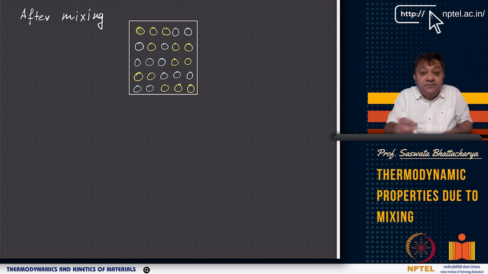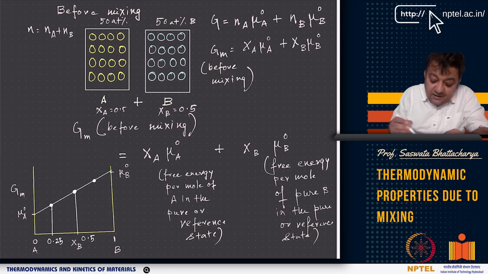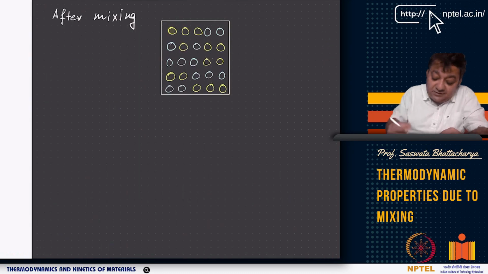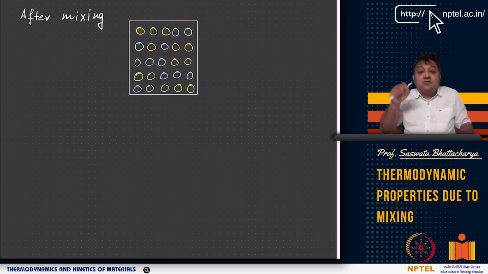Now you see that the yellow atoms were representing A and the blue atoms were representing B. Now, as you can see, yellow and blue have thoroughly mixed and it's a random solution. You cannot go to an atom and tell whether it's A or B; you have to look at it and see.